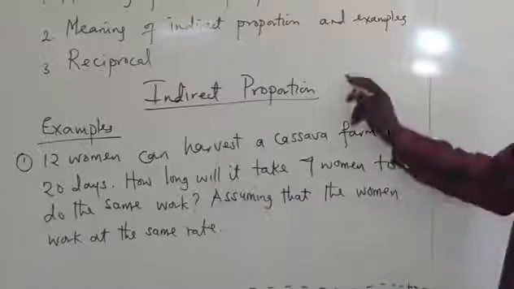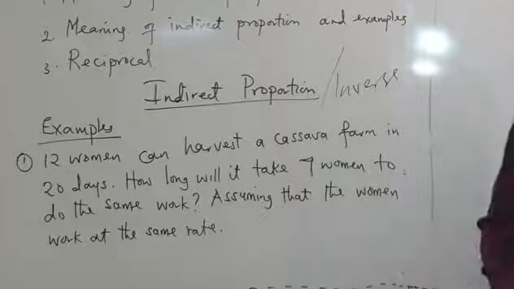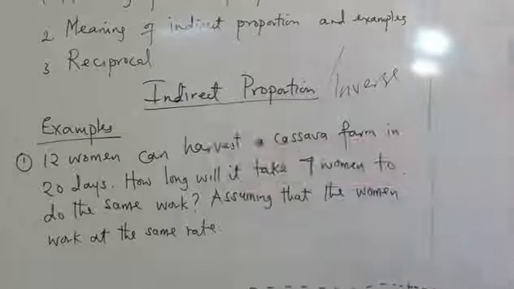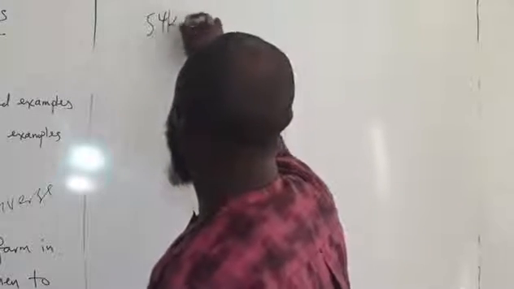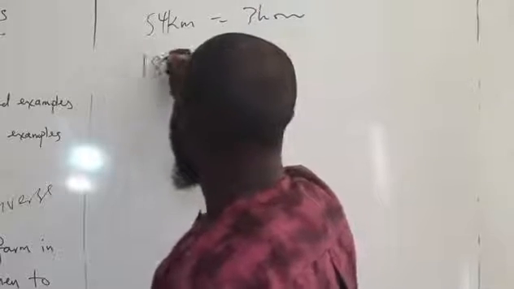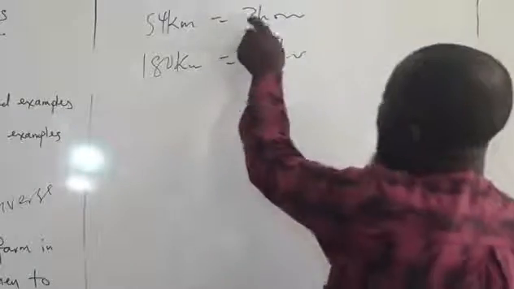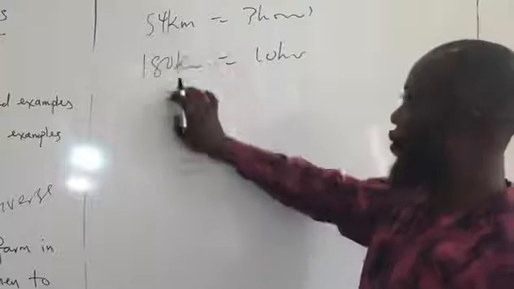Indirect proportion is the same thing as inverse proportion. Before we continue, I need to explain something here. If you look at the answer we just finished, the boy cycled 54 kilometers in 3 hours, and 180 kilometers in 10 hours. You notice that when the number of hours increases, the number of kilometers covered also increases.